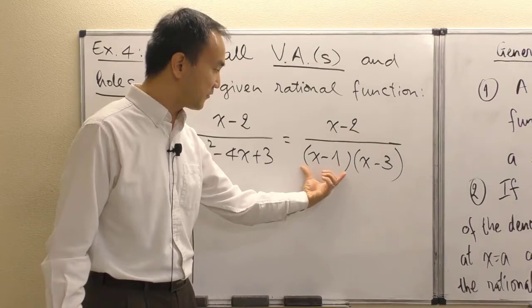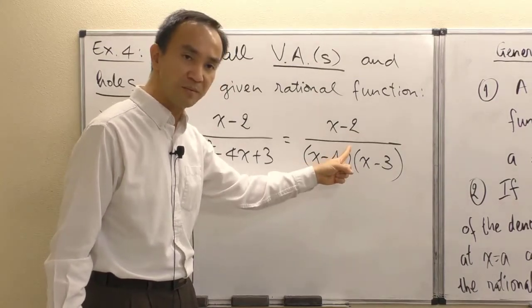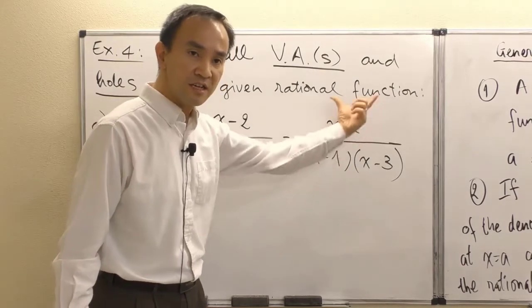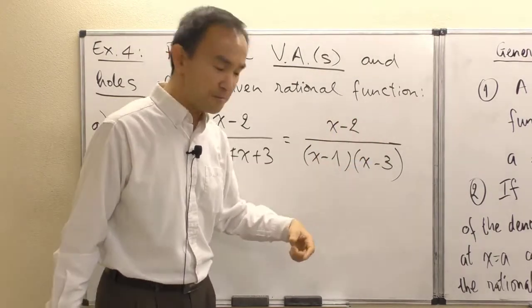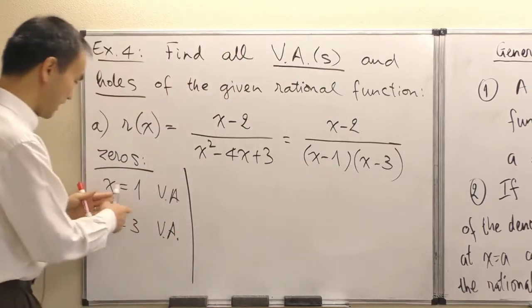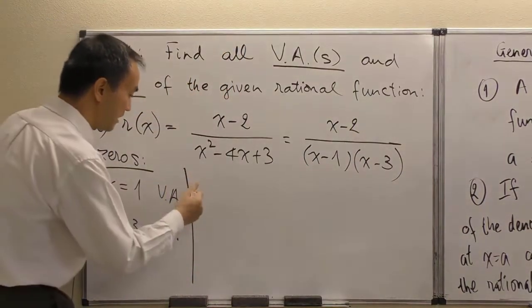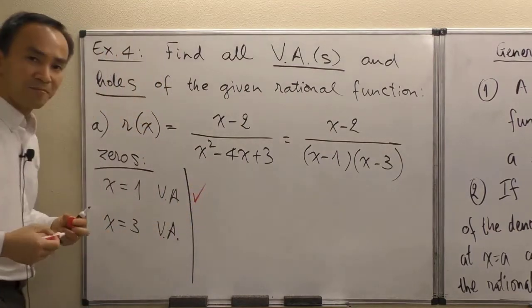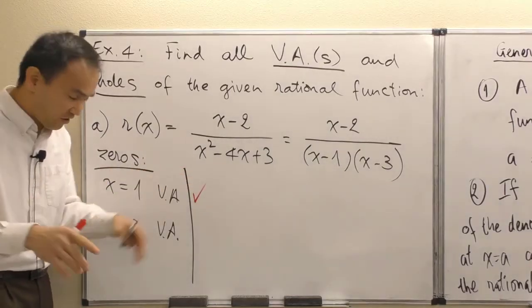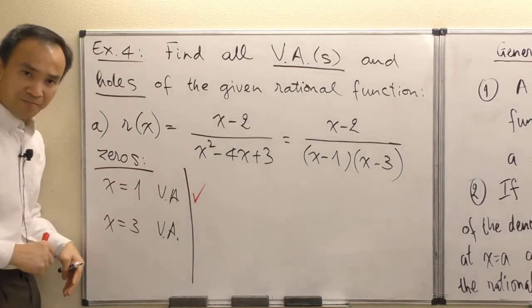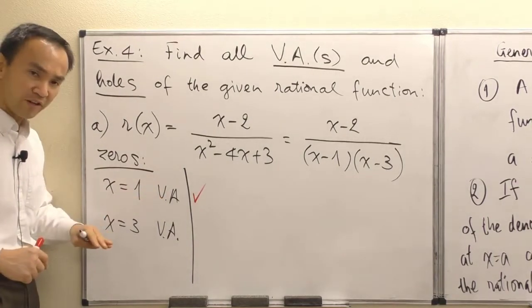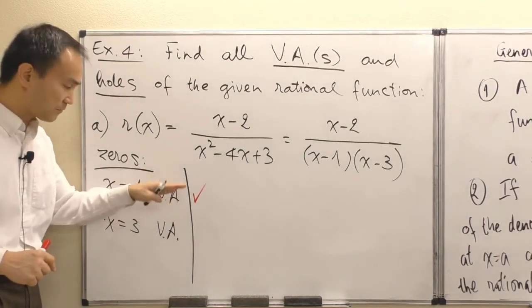This distinct linear factor with its multiplicity being 1 was not canceled because there's no other factor x minus 1 in the numerator. So we did not cancel this. So without canceling this, this is now clearly a VA. So now I put a check there, indicating that we officially approve without seeing the graph. This is now a VA. And now we're done with that 0 at x equals 1 and have concluded that it's a VA.